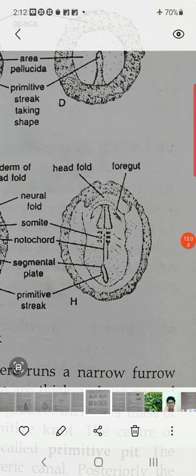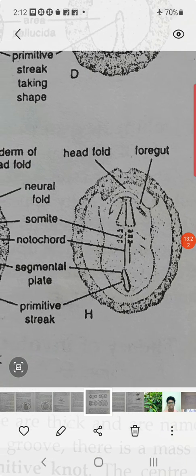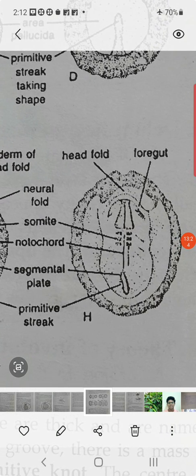It becomes very little, and this residue becomes partly incorporated into the tail bud and partly into the cloacal region of the embryo. So in this way, in the last diagram you can see the head fold, foregut, somites, notochord, segmental plate, and this little primitive streak gets reduced and accumulated into the tail bud or the cloacal region of the future embryo.